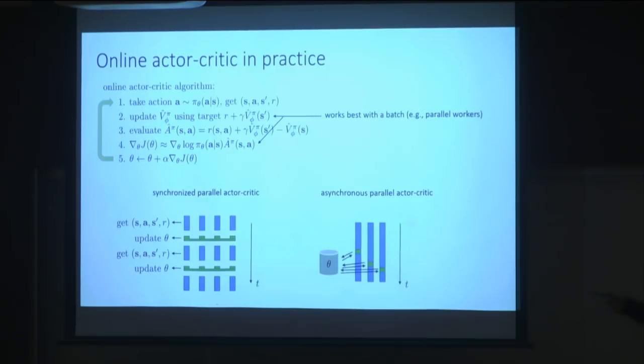Here, the workers might be a little bit out of sync, so one worker might be executing a policy that is old because it has already changed since another worker updated it, but in practice, this kind of thing can actually work pretty well. We'll have a much more in-depth discussion of asynchrony and parallelism in reinforcement learning towards the end of the course. But here I just wanted to give a quick preview, because for online, on-policy actor-critic algorithms, parallelism can often be important to get them stabilized, because it lets you use a batch size larger than 1.